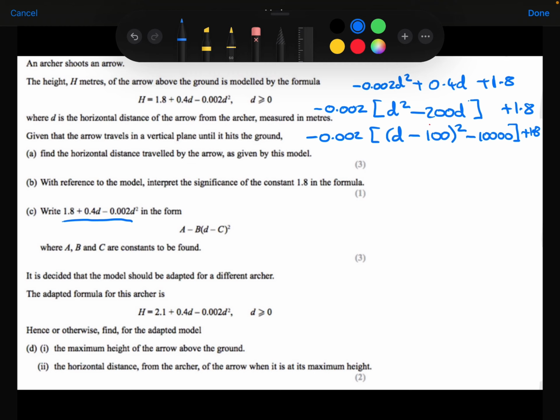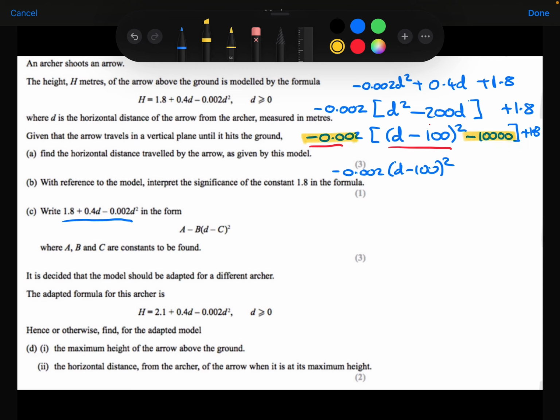Now we're going to multiply back out. So this times this, and then this times this.